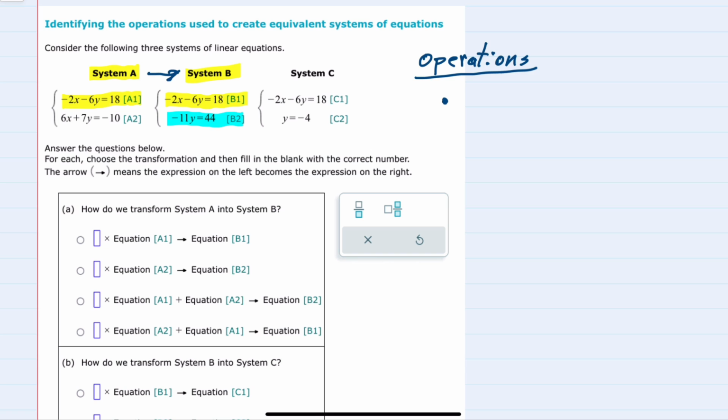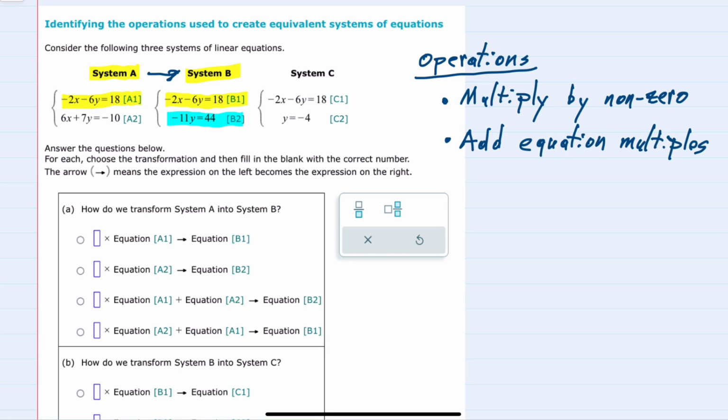The first is we can multiply any equation, both sides, by a non-zero number. So I can multiply through by 2, 5, -6. Any non-zero number, I can multiply both sides of an equation, and I haven't changed anything. The second operation that I can use is that I can add any of those equation multiples.